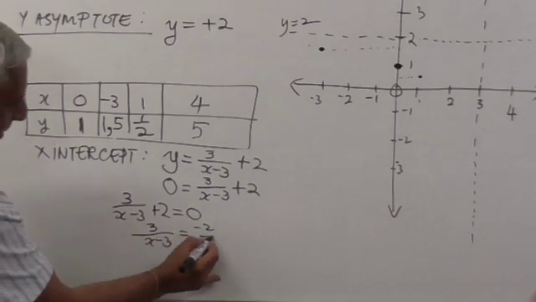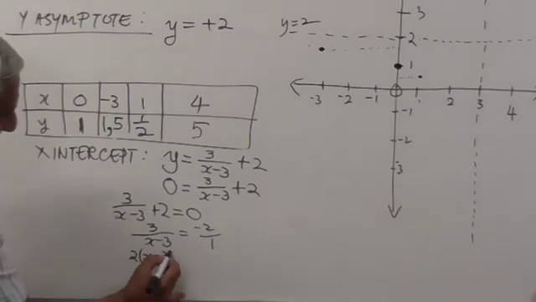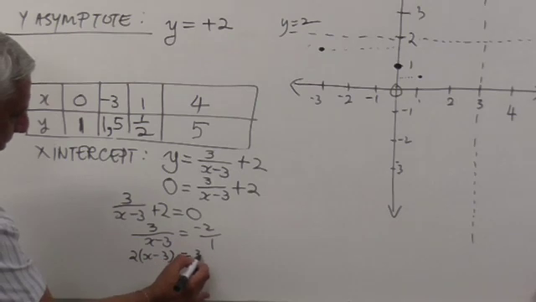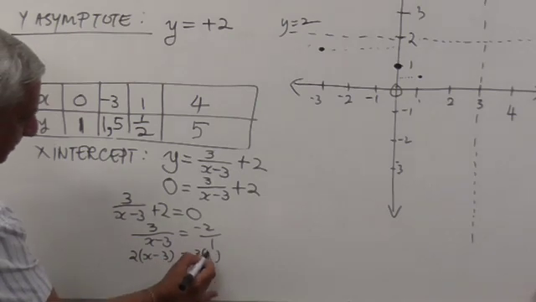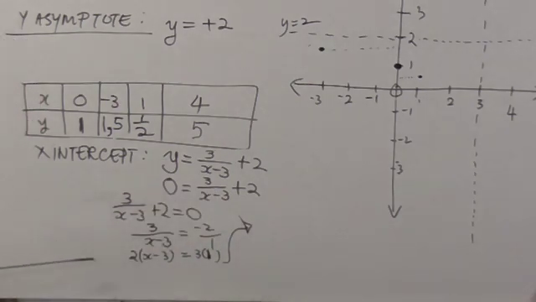So that negative 2, I'm going to make it negative 2 over 1. Now you can cross multiply. So you'll end up with 2 into x minus 3 is equal to 3 times 1. Let's take the working there. This will give you 2x minus 6.